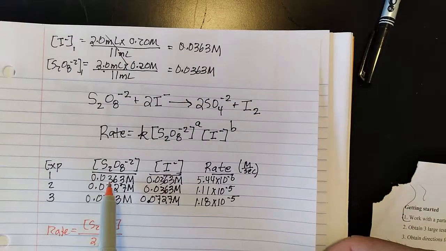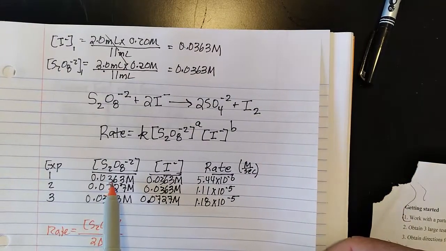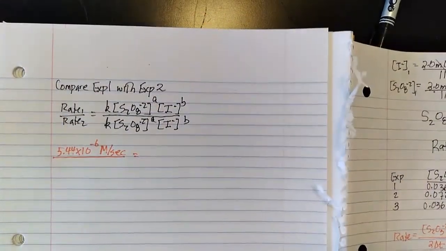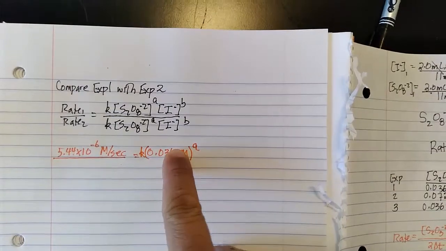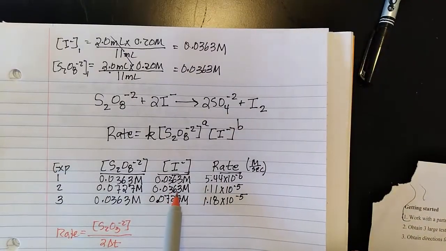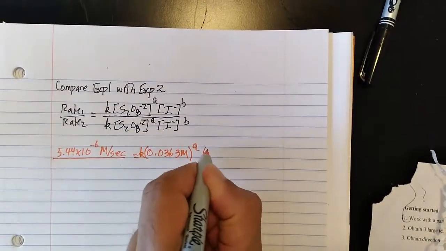So rate 1, experiment 1 was that. Rate 1, experiment 1, concentration of this persulfate is 0.0363. Okay, that's to the power of A, and then I minus, again, is going to be 0.0363. We're going to make that to the power of B, the order of decay for that reactant.